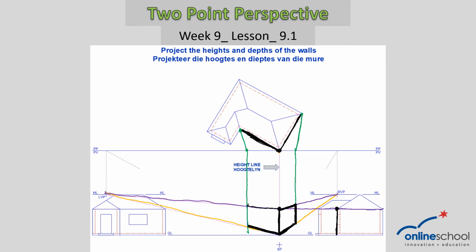Remember, the green line shows us how far in depth this front wall goes on our top view, and then on to our answer. That line we can draw solid all the way to there, and we know that the corner of the house will break off there, the inside corner, which is this corner over here that we just followed all the way down. That gives us the layout of the house up to that stage in our perspective answer.